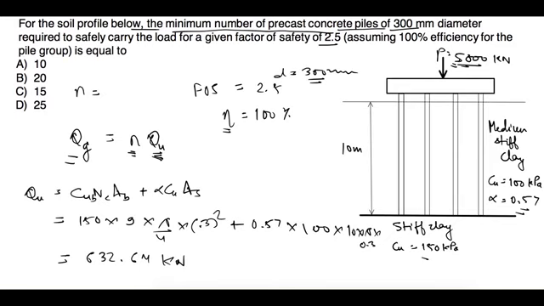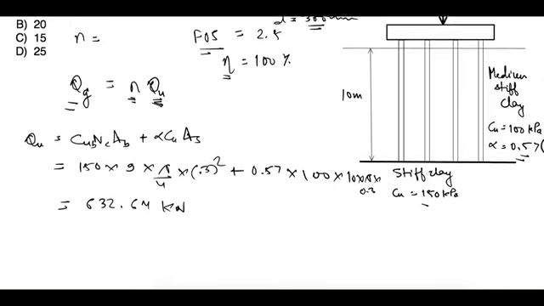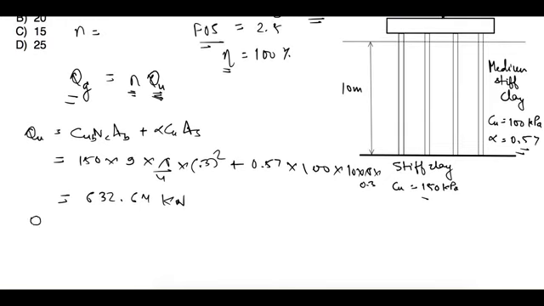Now there is one factor of safety also. So this value we will divide by the factor of safety, and that will be the allowable load on a single pile. So 632.64 divided by 2.5 is our actual allowable load. Then we can use this equation.